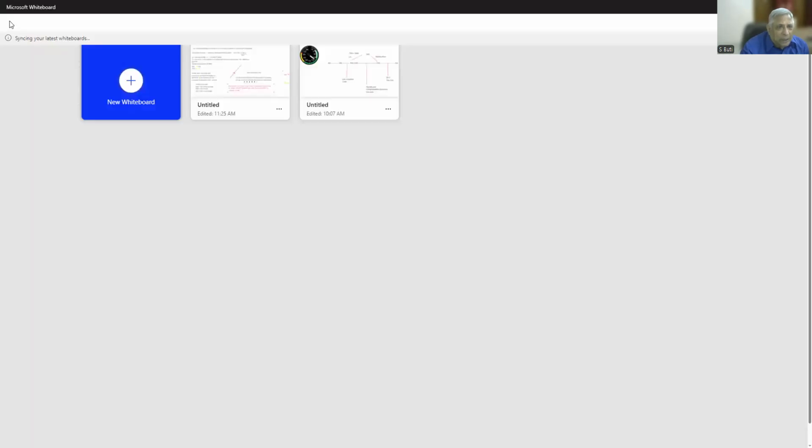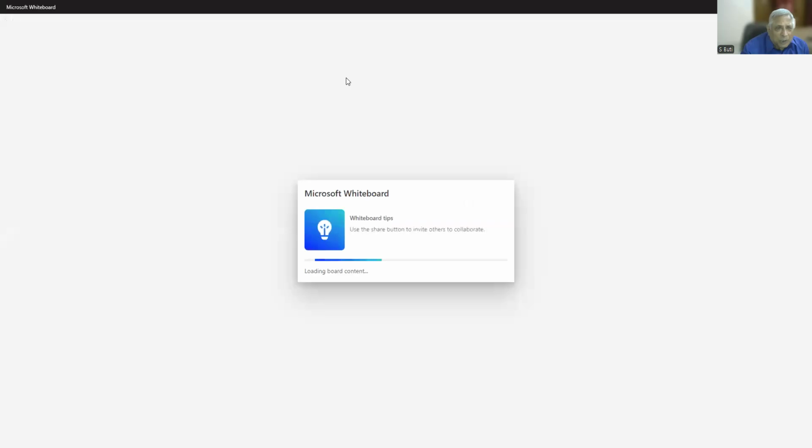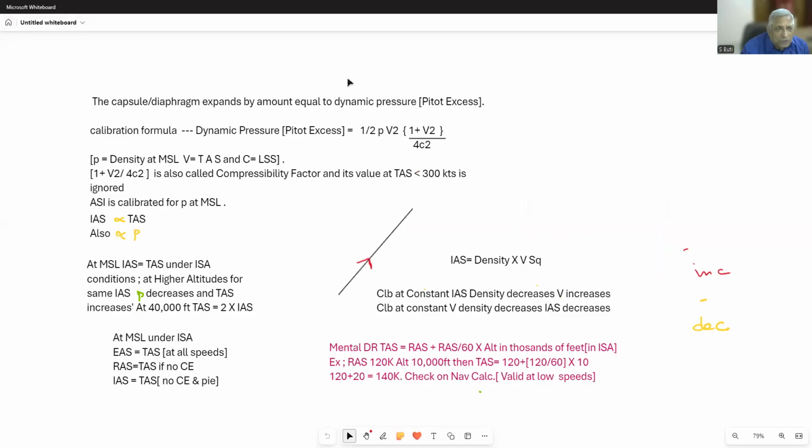And a little bit more about the theory. The pressure which is exerted on the capsule or the diaphragm is the dynamic pressure, and the indicated airspeed is a function of half rho V squared into (1 plus V squared by 4C squared). 1 plus V squared by 4C squared is known as the compressibility formula.